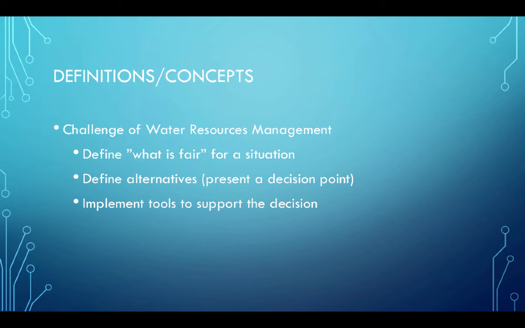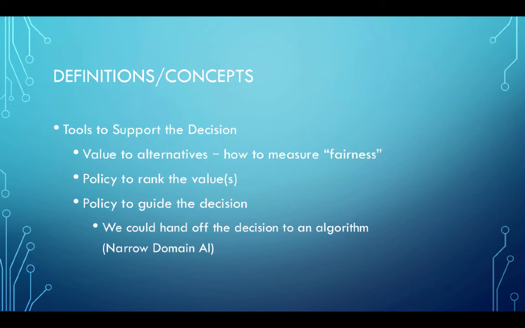Again, we have to define what the merit function is for best. So that's the challenge of water resources management, literally these 3 bullet items. So in the tools to support the decision, we have to find some way to value those alternatives. The value matters for measuring fairness as well as economic costs.